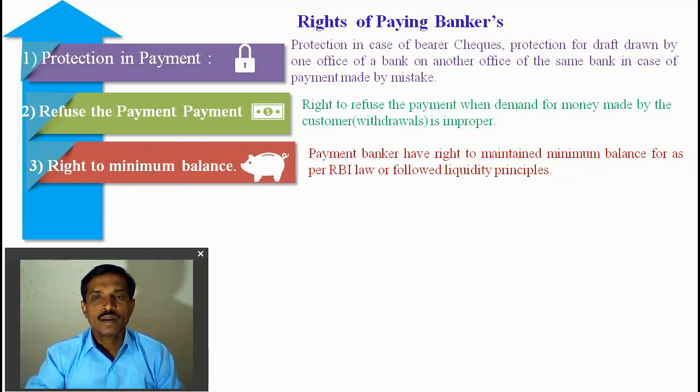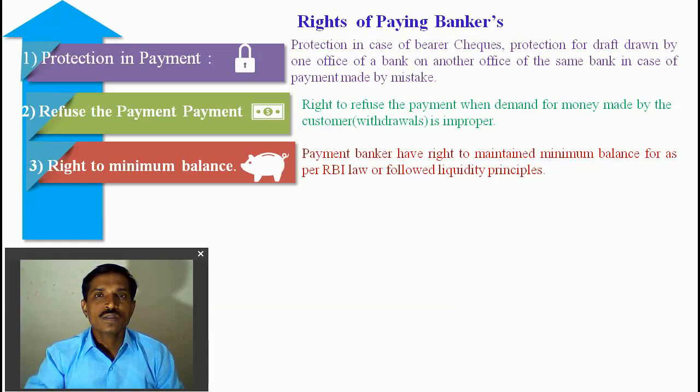Next is the right to a minimum balance. The paying banker has the right to require a minimum balance as per RBI rules, following the liquidity principle. Whenever the customer does not follow these rules, the bank can charge some minimum charges and penalties.